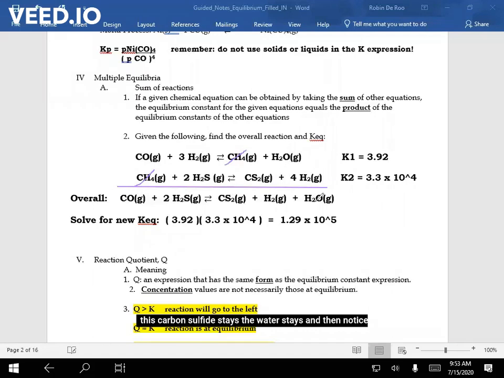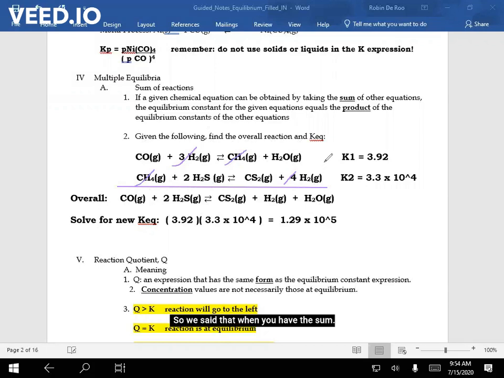The water stays. And then notice that all three of these hydrogens cancel with three of these. So we do have one hydrogen left. So when we take these equations and add them up, this is the reaction that we will get.